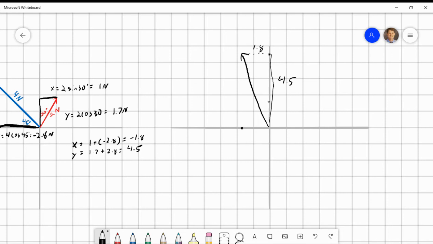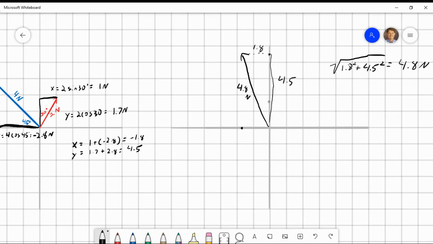So in order to find my magnitude, I can just say that the magnitude is going to be the square root of 1.8 squared plus 4.5 squared. So the magnitude is 4.8 newtons, right? So I know that this is 4.8.